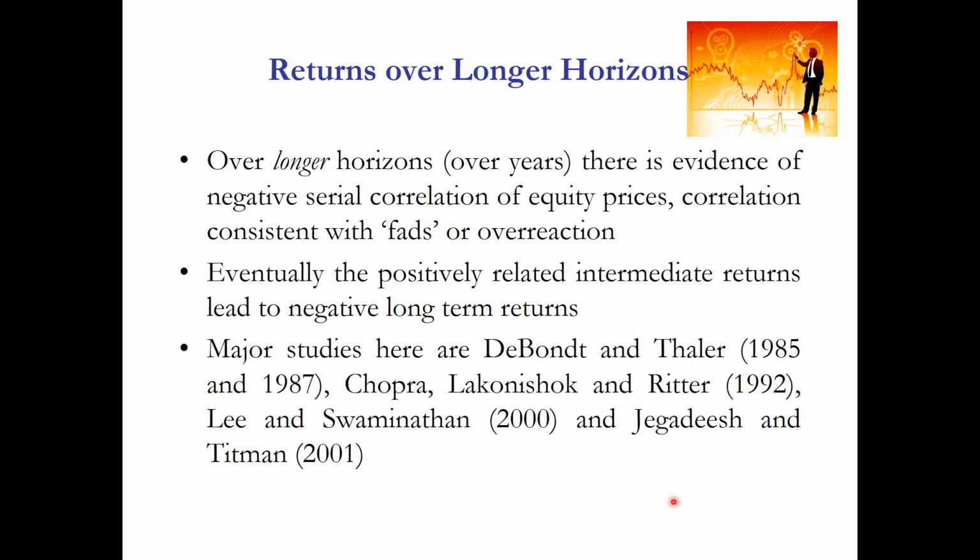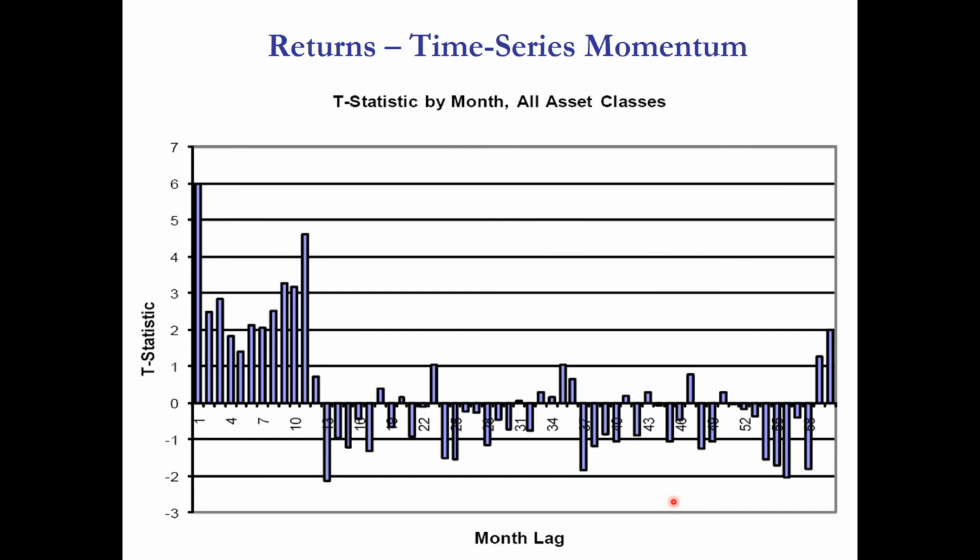So as an example, we have the momentum returns. We have created our portfolio and hold it up to 60 months. As we discussed so far, if we hold the portfolio up to 12 months, it generates a positive abnormal return. You can see that up to 12 months we have positive abnormal returns.